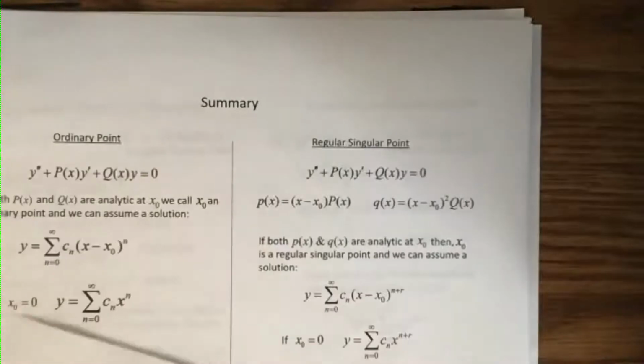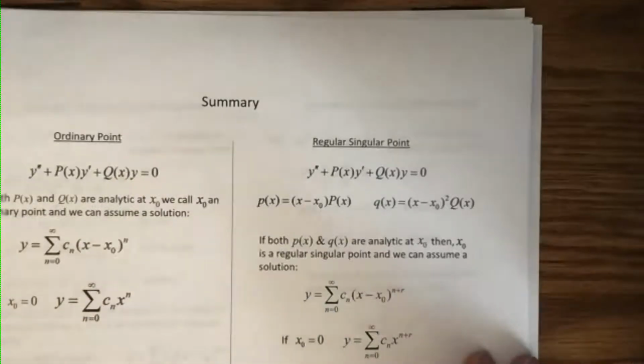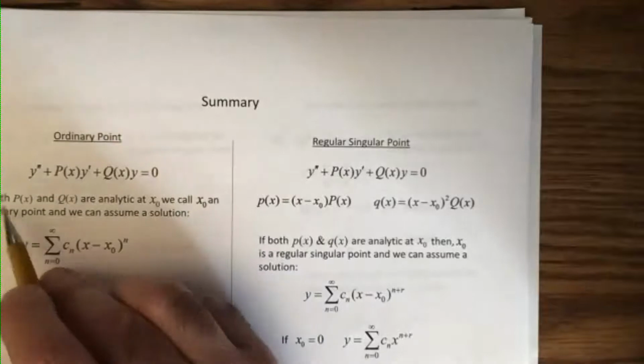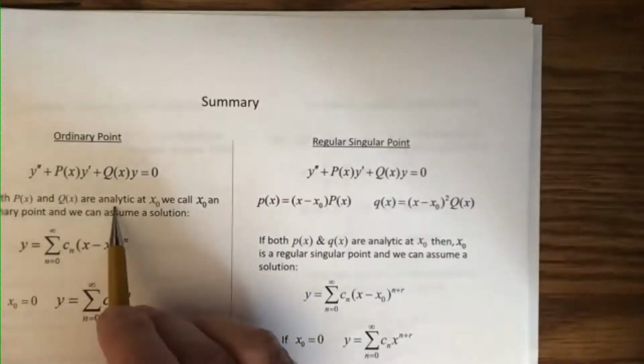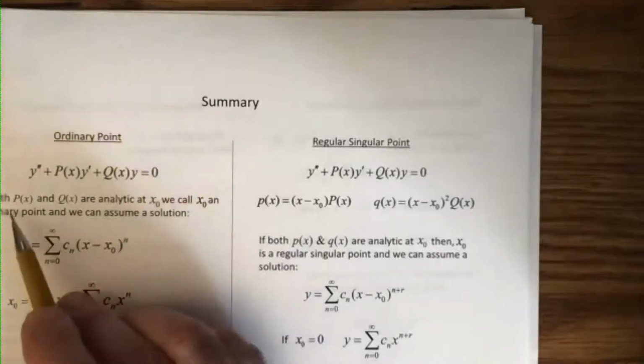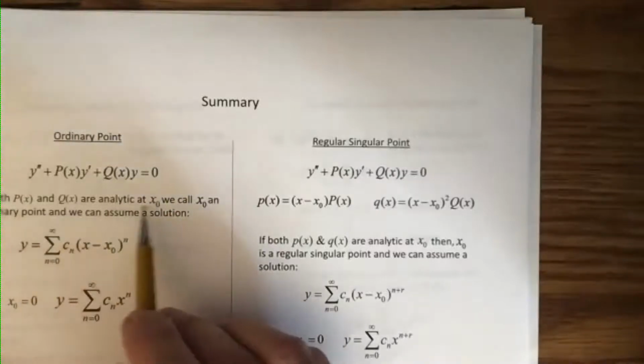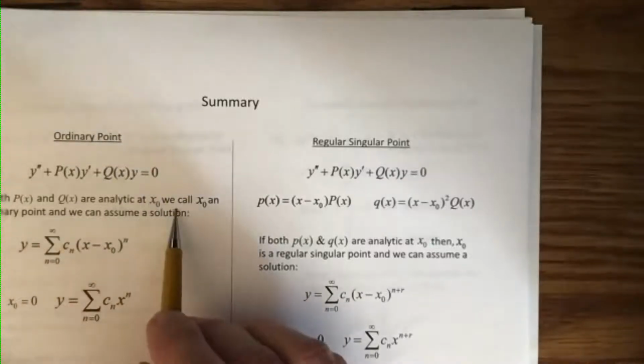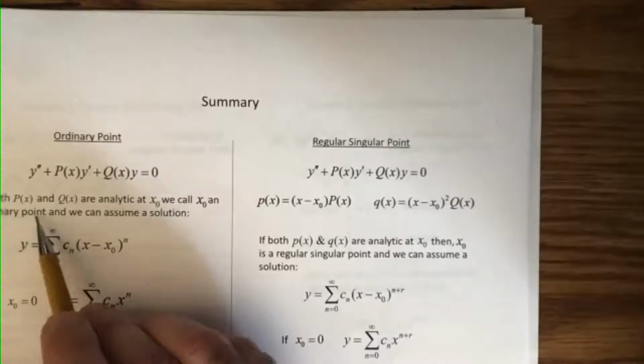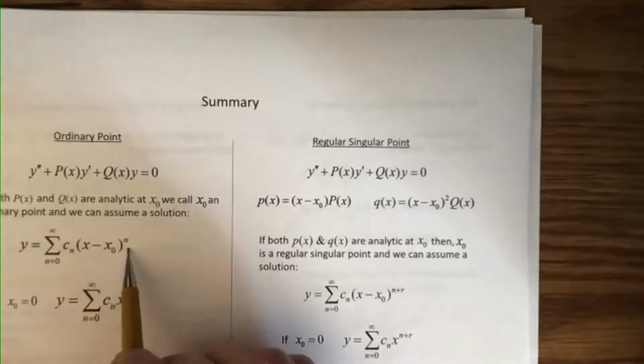Okay, let's do some examples here. Once again, here's kind of a summary. If both P and Q are analytic at x equals 0, we call x0 an ordinary point, and we can assume a solution of this form.